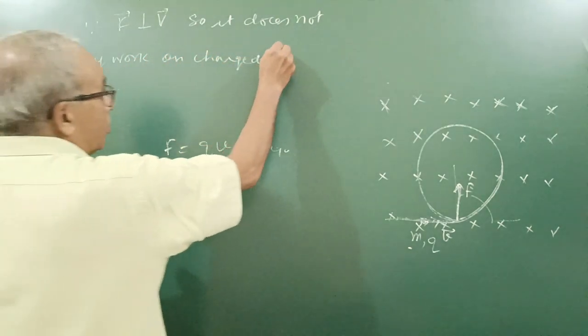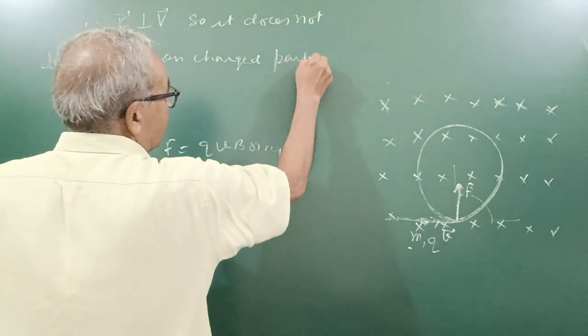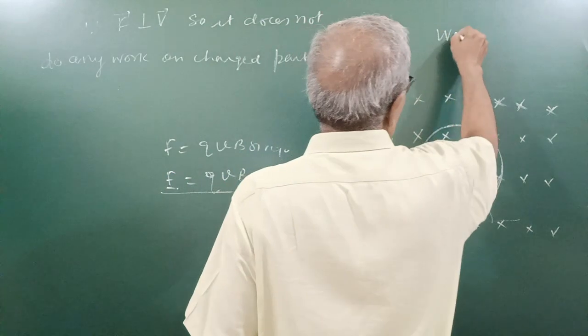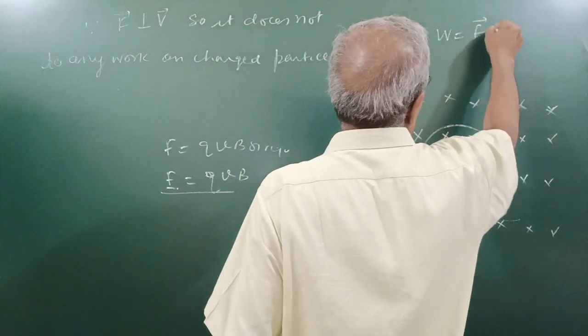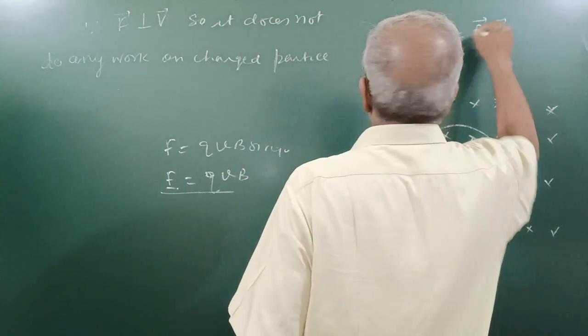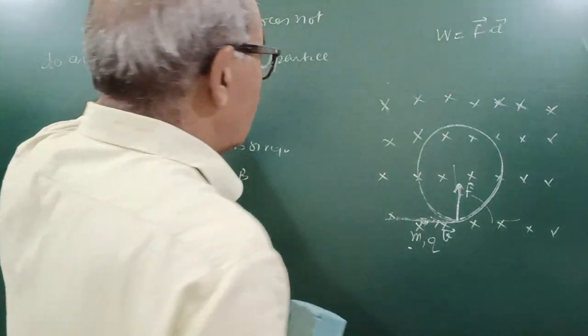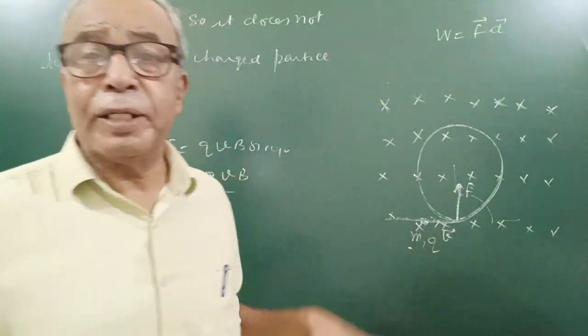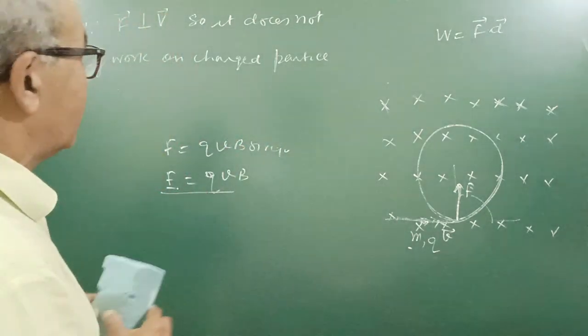Work done, actually you know, W is equal to F dot d, proportional to force and displacement, and direction of velocity is along displacement. So force and displacement are here at right angle, no work done.